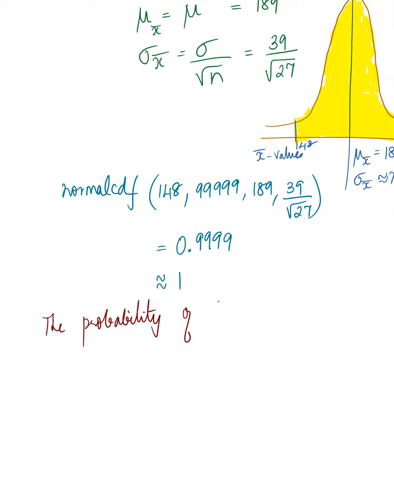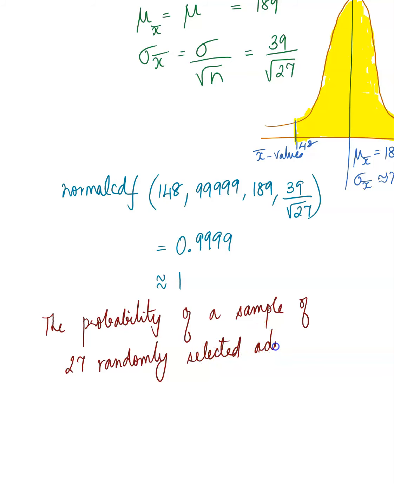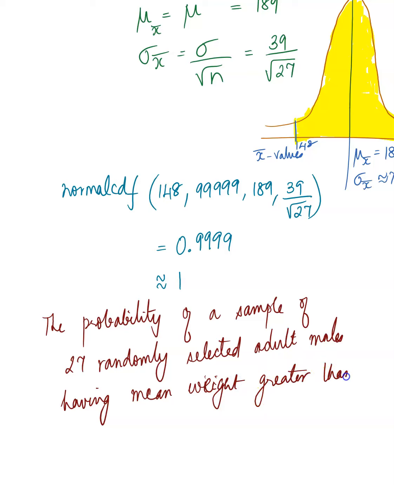The probability of a sample of 27 randomly selected adult males having a mean weight greater than 148 pounds is basically 100%, or is absolutely certain.